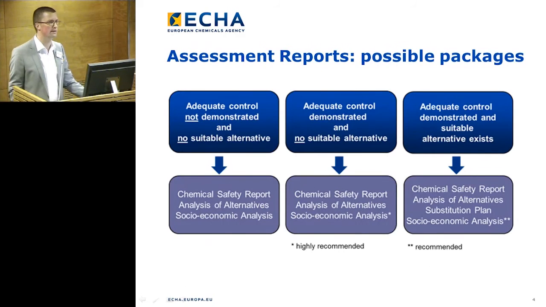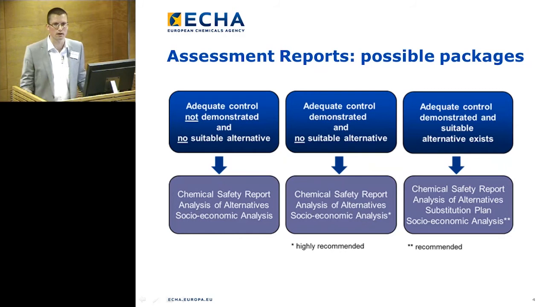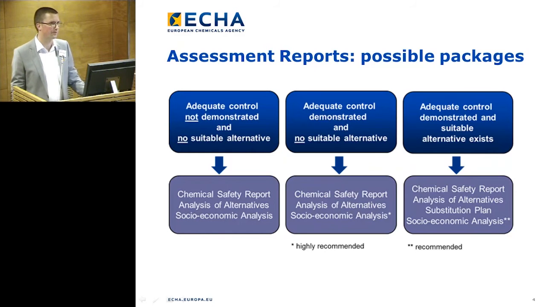There are 3 assessment report packages which are possible. In the first case, if adequate control is not demonstrated, and there are no suitable alternatives, you'd have to submit a chemical safety report, the analysis of alternatives, and a socio-economic analysis.